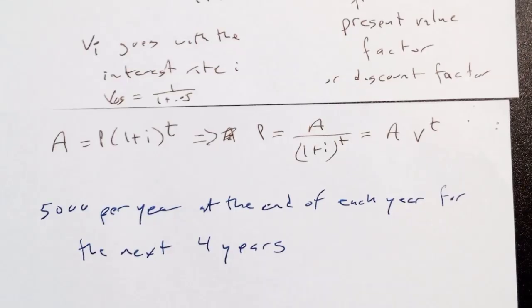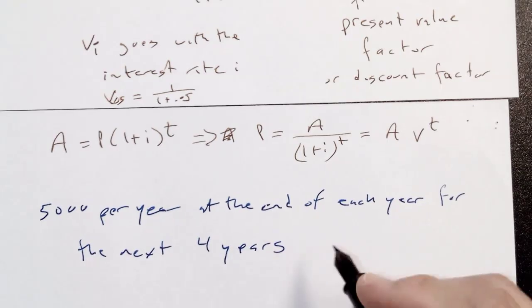Let's assume that I can get a nice, easy interest rate. I'm going to get 6%.